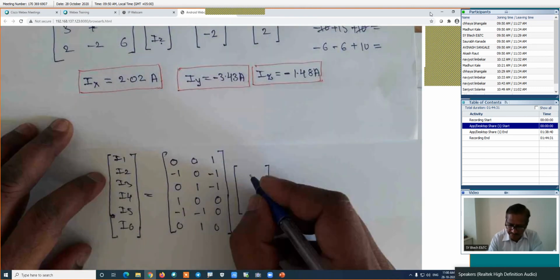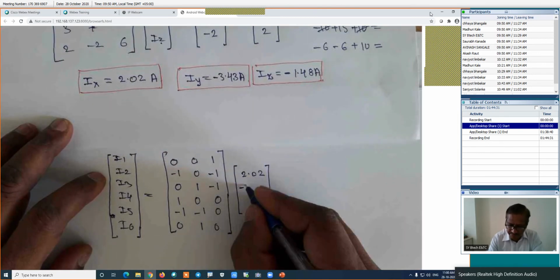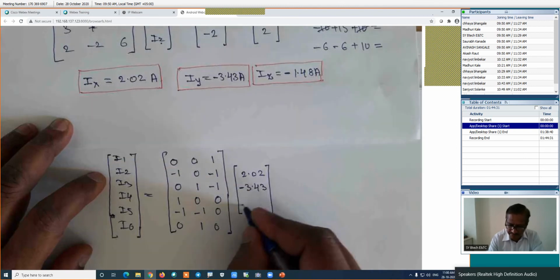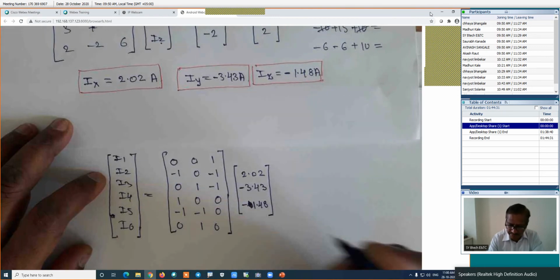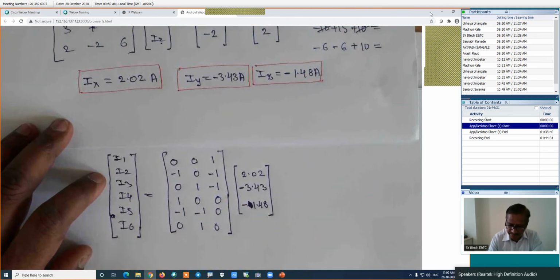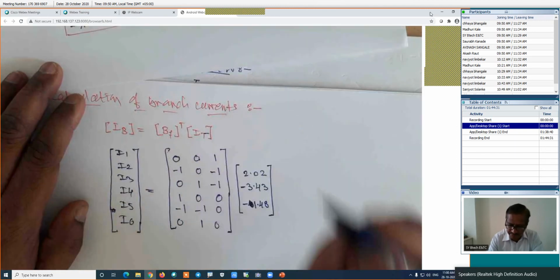The first value is 2.02. Second value is minus 3.43, and third value is minus 1.48 amperes. This is the value of this IT, which is nothing but the Tieset current matrix.